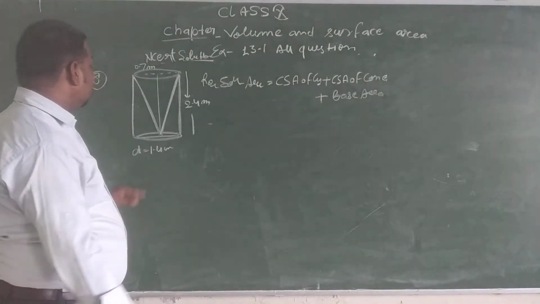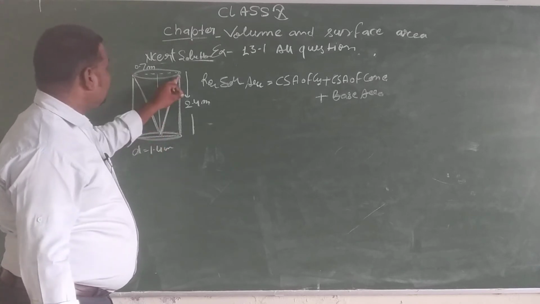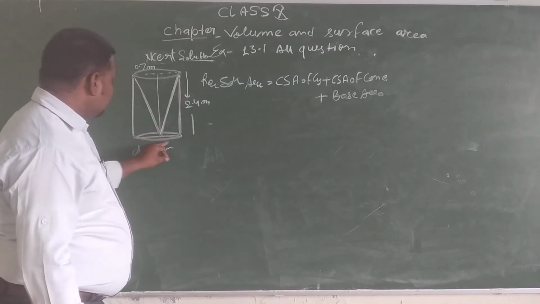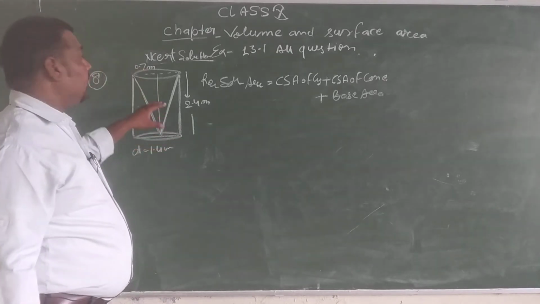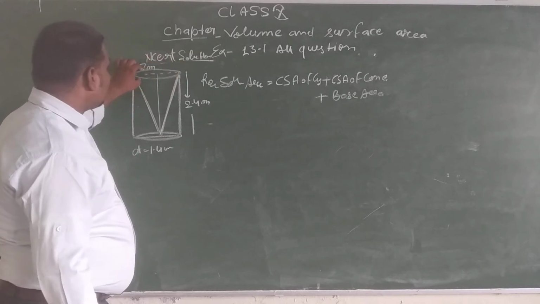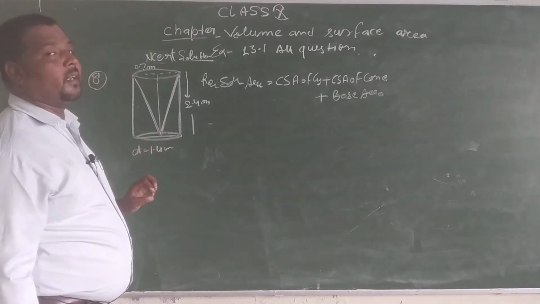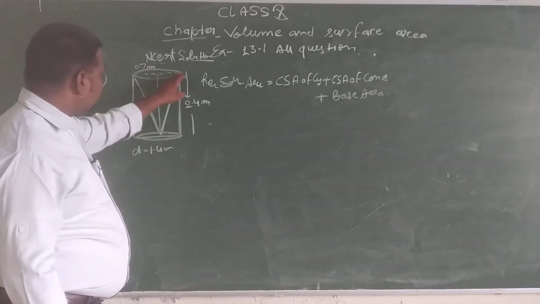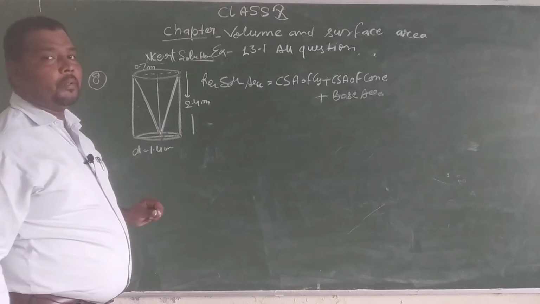Note that students, CSA of cylinder, CSA of cone and plus base area. Why base area? Because it is a solid cylinder, and when a cone is scooped out, one base is removed. Only one base remains. So CSA of cylinder plus CSA of cone plus base area.